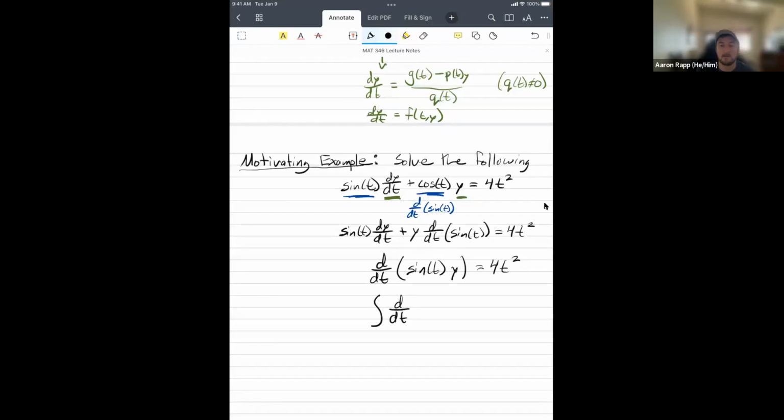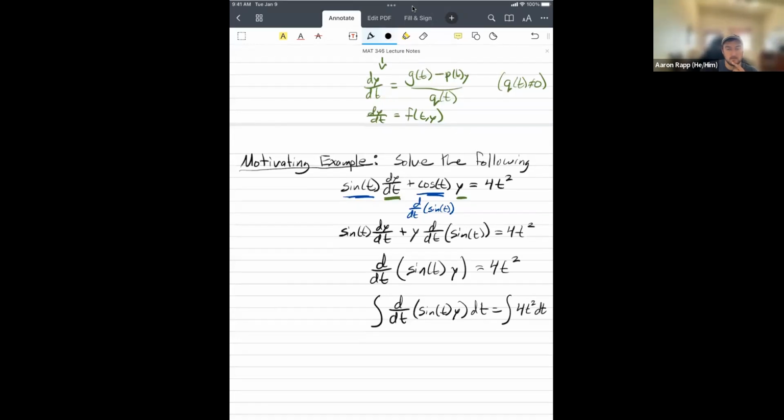And now I have unlocked how to get to that y to figure out what it needs to be. So on the left-hand side, what is that derivative going to be? Or antiderivative going to be? I apologize.